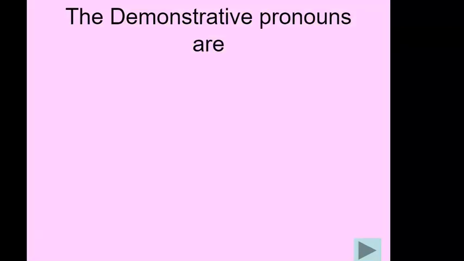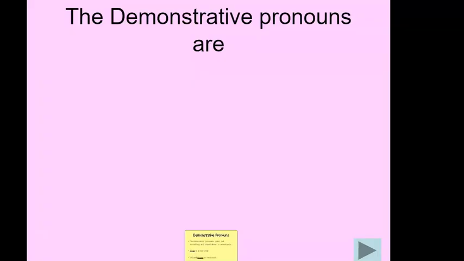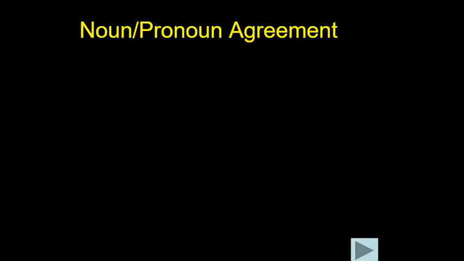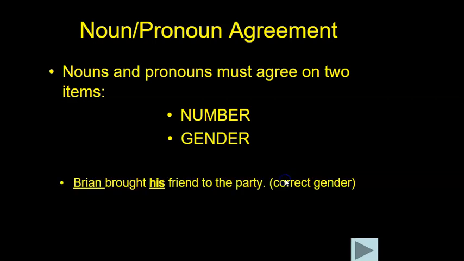Demonstrative pronouns. We're going to talk about noun-pronoun agreement. Pronouns must agree on two items: number and gender.